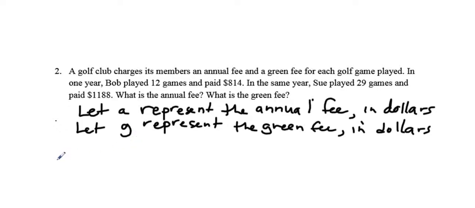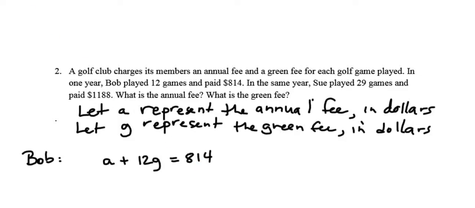Okay, so Bob, it's not part of our equation, but I'll just write Bob. So Bob, he paid an annual fee, I don't know what it is, plus he played 12 games, so 12 games times his green fee, and that cost him $814.